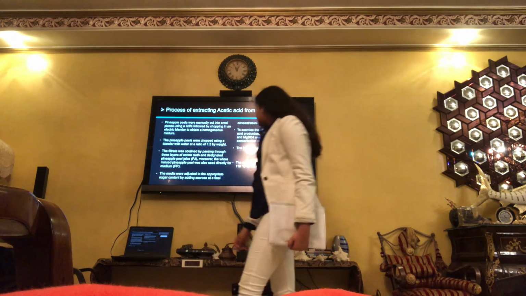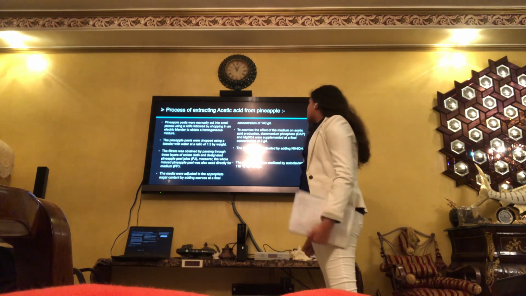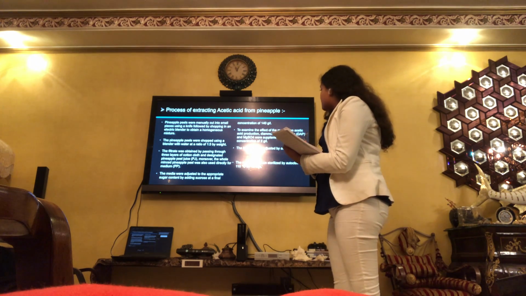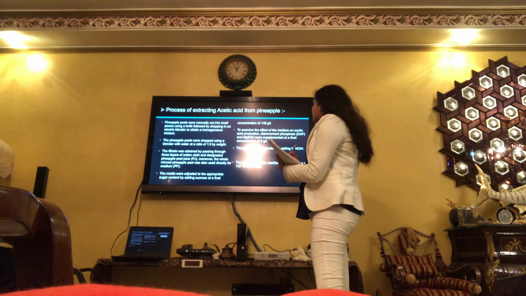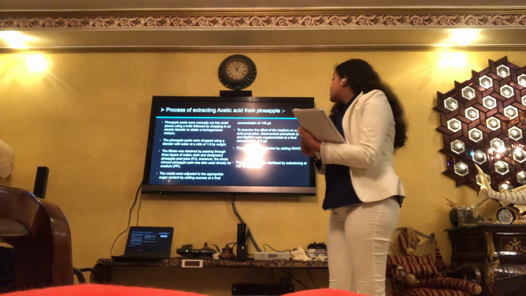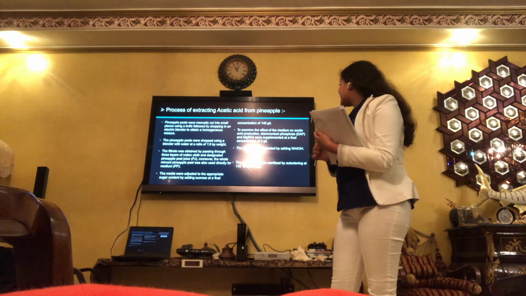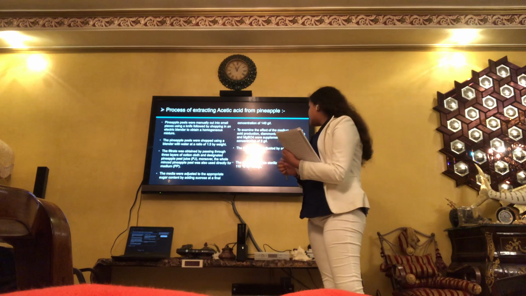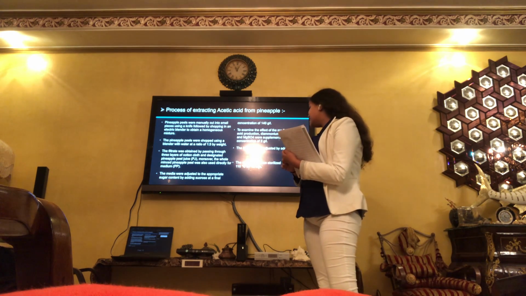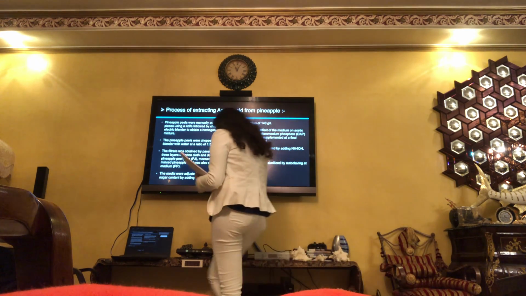Now, to examine the effect of the medium on acetic acid production, diammonium phosphate and MgSO4 were supplemented at a final concentration of 2 grams per liter. The initial pH was adjusted by adding NH4OH. The media were then sterilized by autoclaving at 110 Celsius for 10 minutes. And these are the steps.